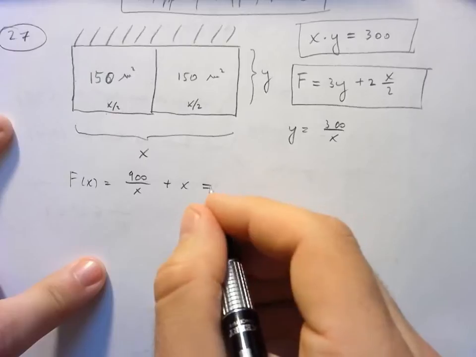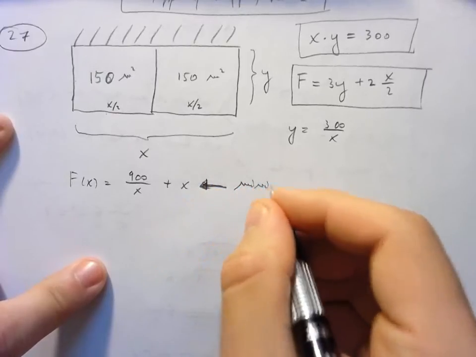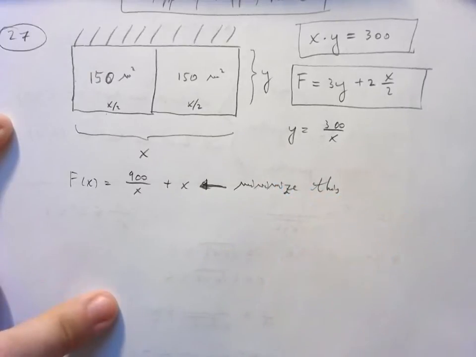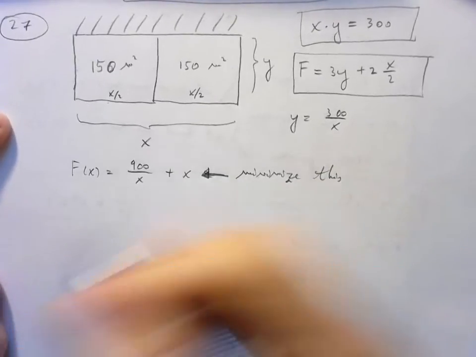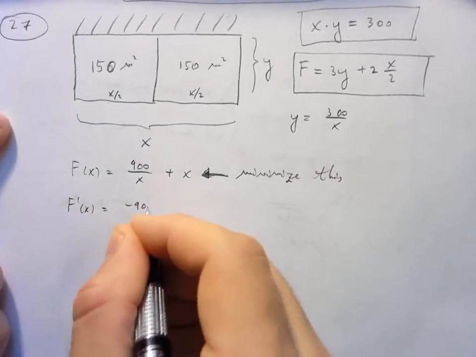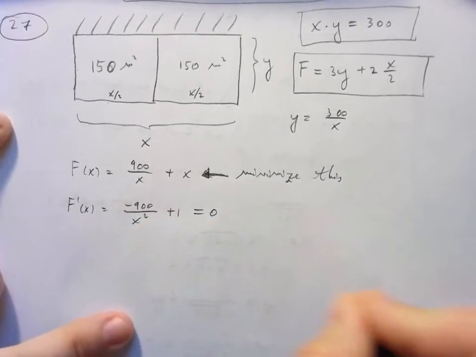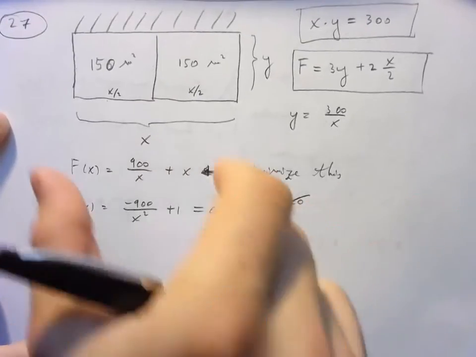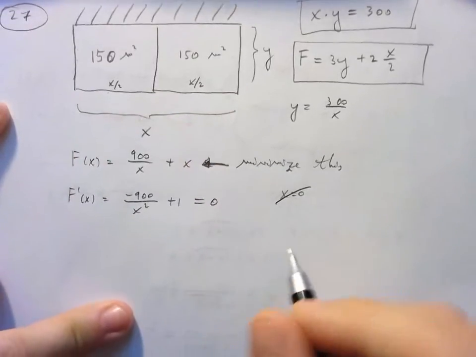And I want to minimize this. So what is the minimum amount of fence needed? Let's figure this out. I have to take the derivative, f prime of x, that's minus 900 over x squared plus 1. Notice x equals 0 is one of the critical points, but that's irrelevant because in terms of the geometry of the picture, that means this is just flat, so it doesn't make any sense.